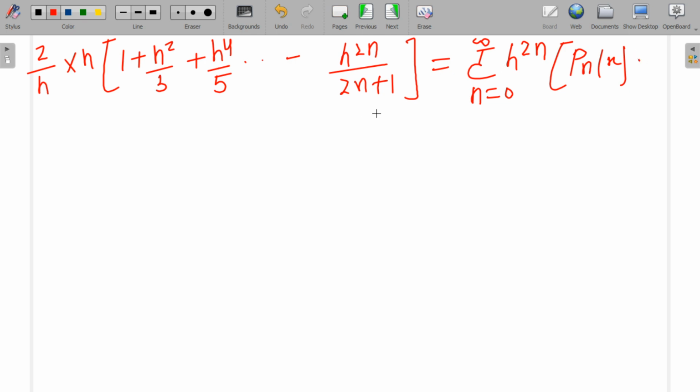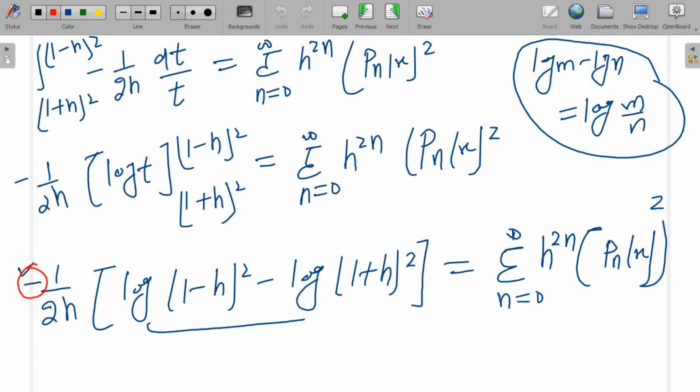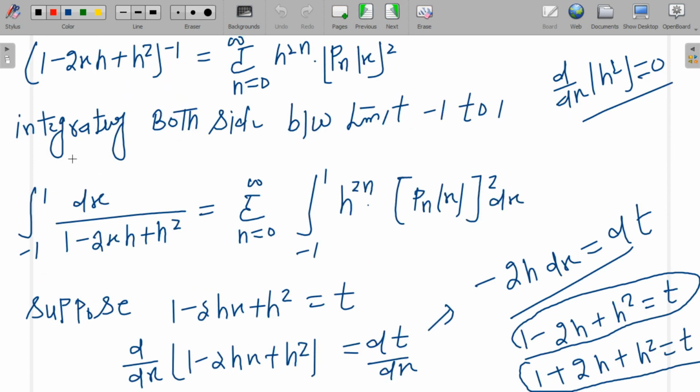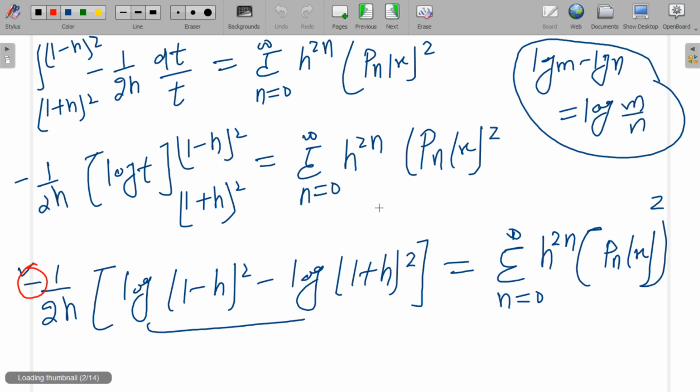Okay, no problem. Now here is integration also. I have been skipping this step. Okay, this is the integration sign. Sorry, this is my mistake.